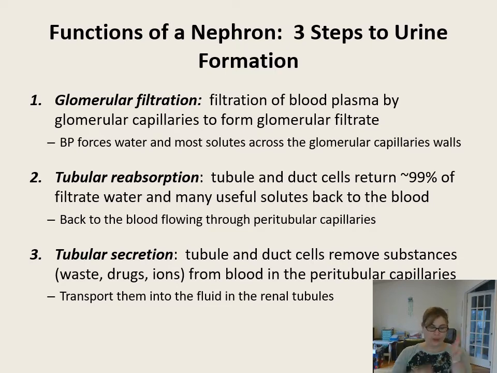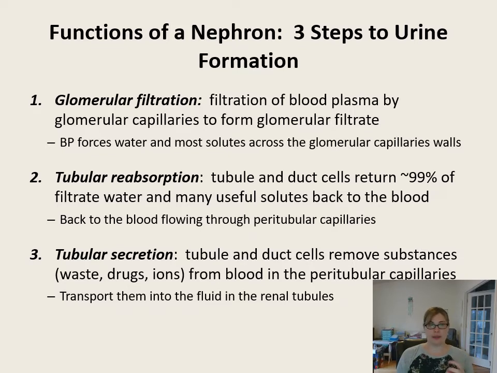They decide, okay, what's in there that we might need? Just because it's big doesn't mean we have to throw it away. So a lot of that filtrate is going to be junk we throw away, but some of it isn't. And so that's what happens in the next few steps. So the first step, your blood pressure is going to force water and solutes, things dissolved in water, across the glomerular capillary. It's going to force them across the walls.